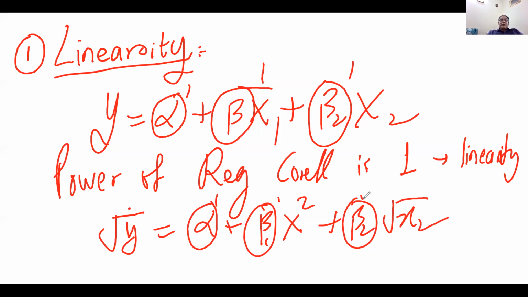You can have a different power of y, x2, x4, that is not a problem, but the power of the regression coefficient should always be 1. This property is known as linearity.